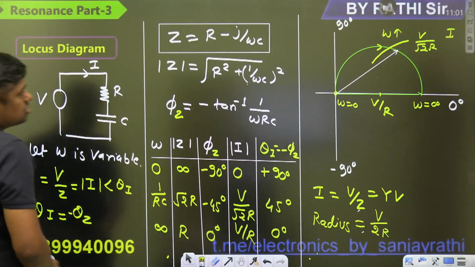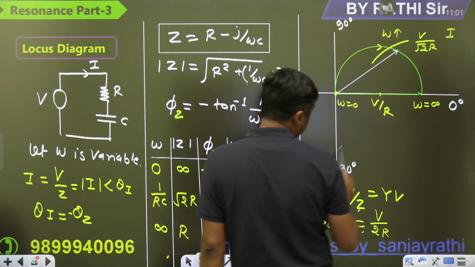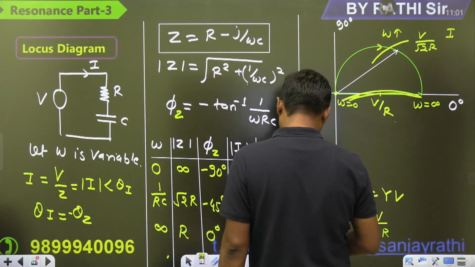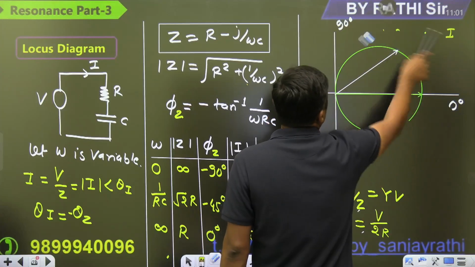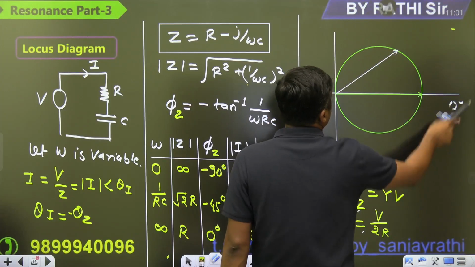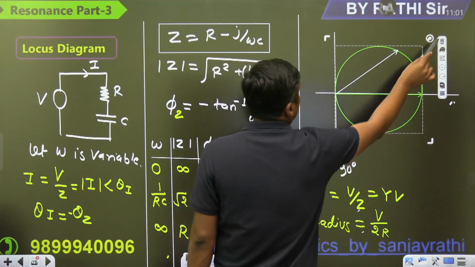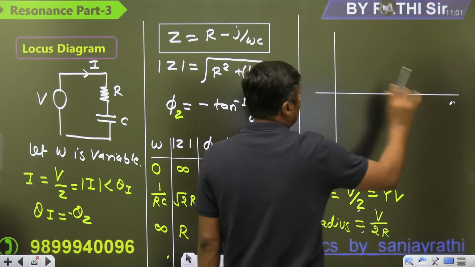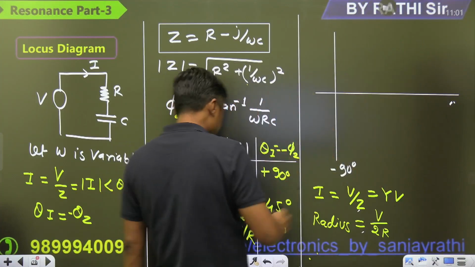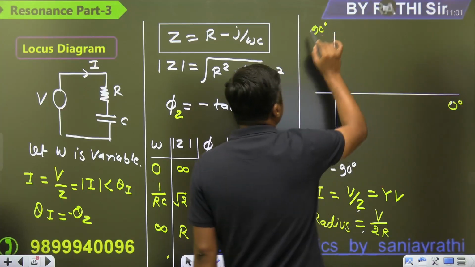Locus diagram means what? First of all, draw the line like this, right? 0 degree, 90 degree and minus 90 degree.